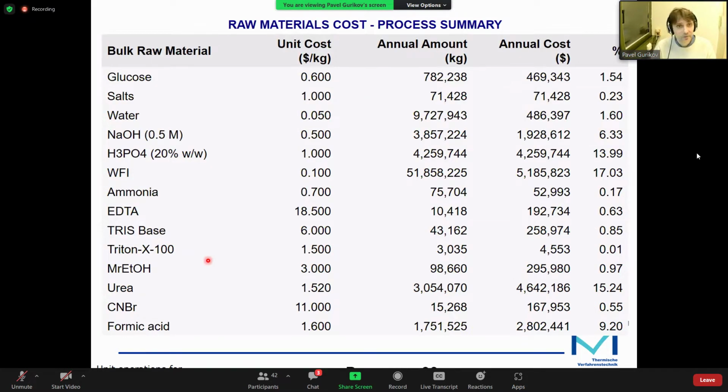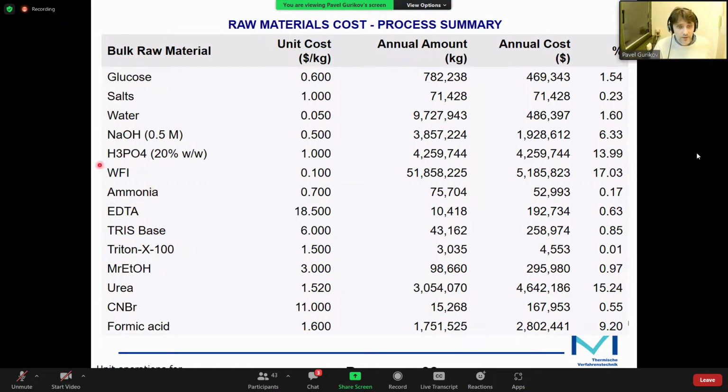That, I think, would be the last table I want you to take a look at. It lists raw materials costs as a percentage of the annual operating costs. And you see, surprisingly, that 14 plus 17 plus 15, that's 46%, so half of the operating costs are coming from very simple chemicals, urea, water.